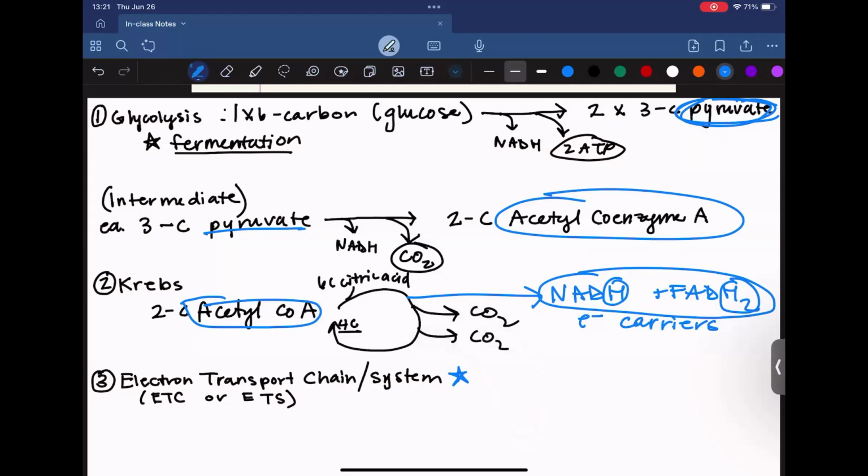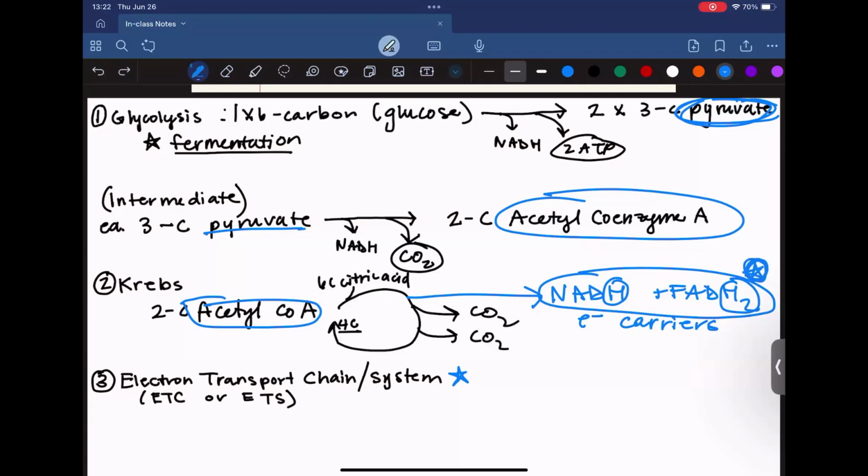They're H pluses, sure, but H pluses had to have had an electron at some point. They weren't always just H pluses, right? They used to be linked to NAD. They used to be linked to H2O. They had electrons with them that they were sharing with other molecules. So these guys are literally just sharing those electrons with the NAD or the FAD, but the electrons are there, okay? So these are our electron carriers. This is the point of the Krebs cycle.